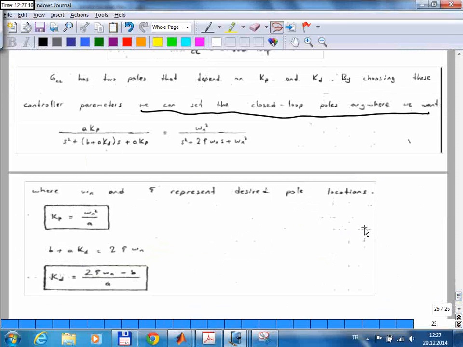So suppose that we want the closed loop system to have a certain natural frequency and a certain damping ratio, then if I set the Kp parameter and Kd parameter according to these two equations, those numbers will make the closed loop poles of the system placed according to these two numbers. Okay?